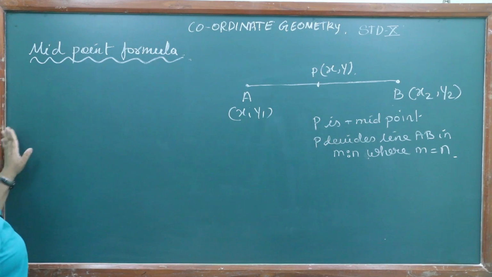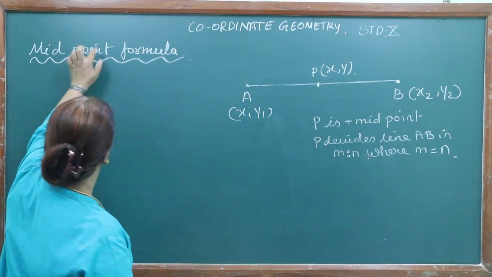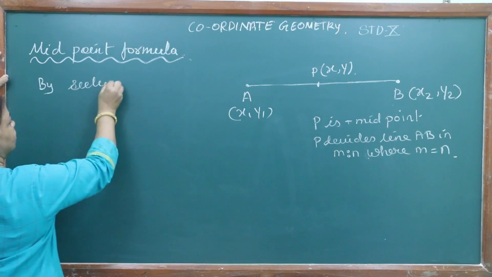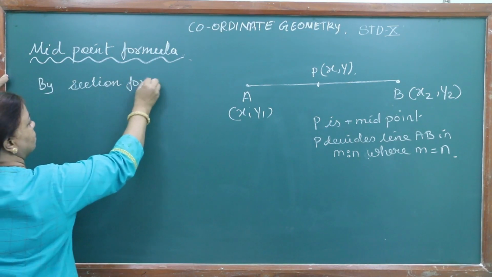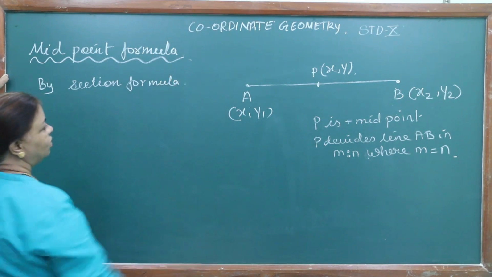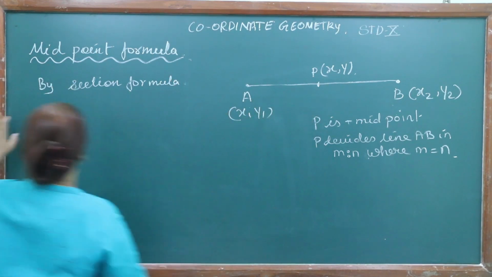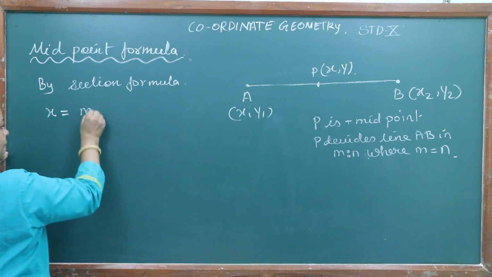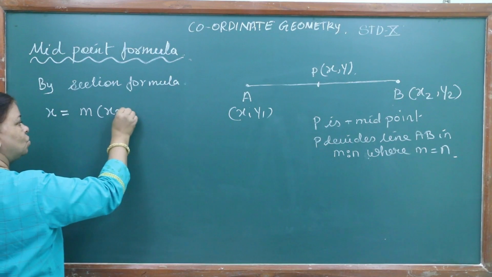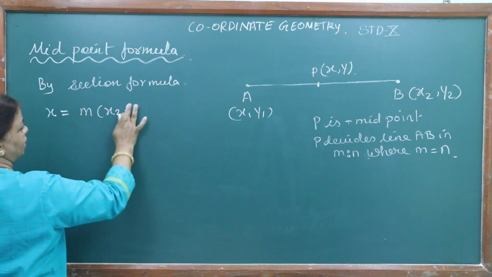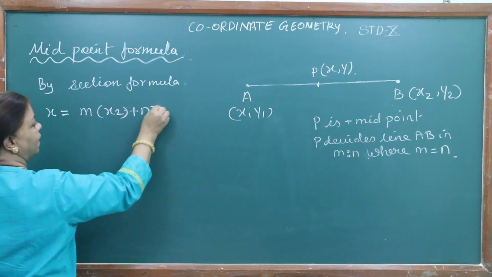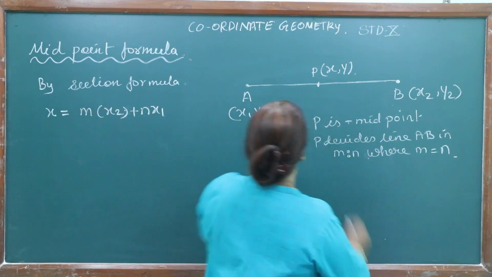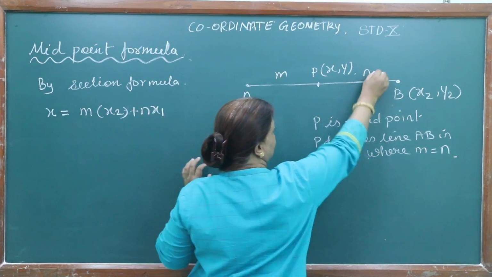So let us find the midpoint formula by using section formula. By section formula, children, if I want to write the coordinate of x, x will be equal to mx2 plus nx1. m is this ratio, n is this ratio.